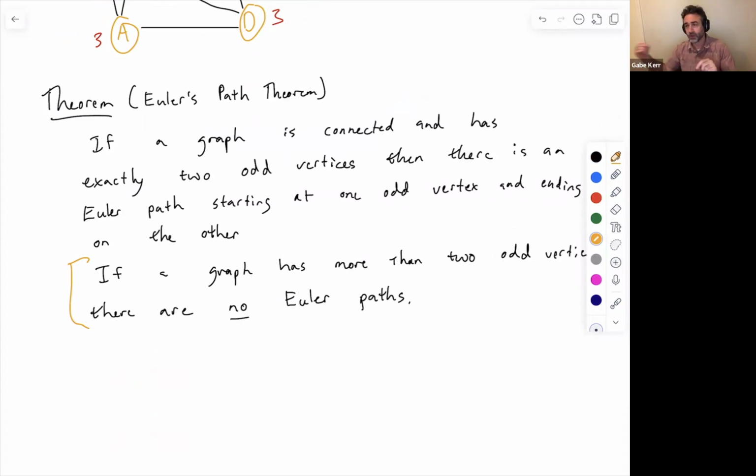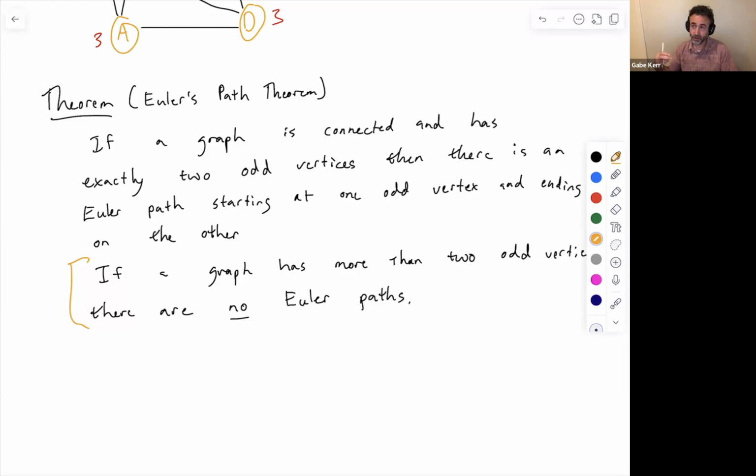In other words, we have to go in and out of that non-start or end vertex each time we cross it. Because we have an in and out, each time we cross, we get 2 edges connected. And since none of them overlap, because it's an Euler path, we have an even number of edges connected to any given vertex.